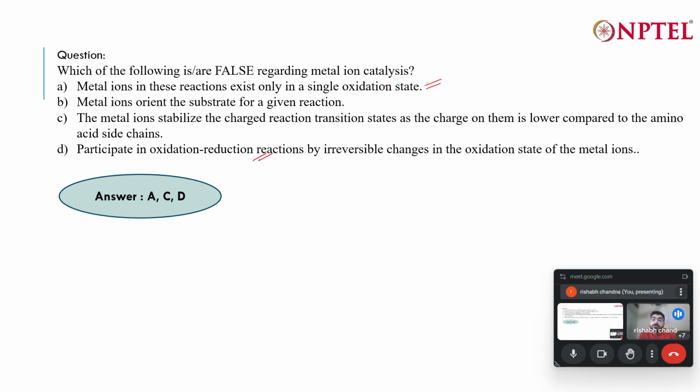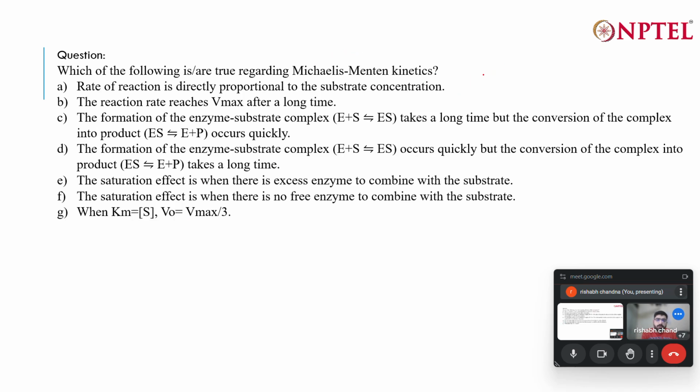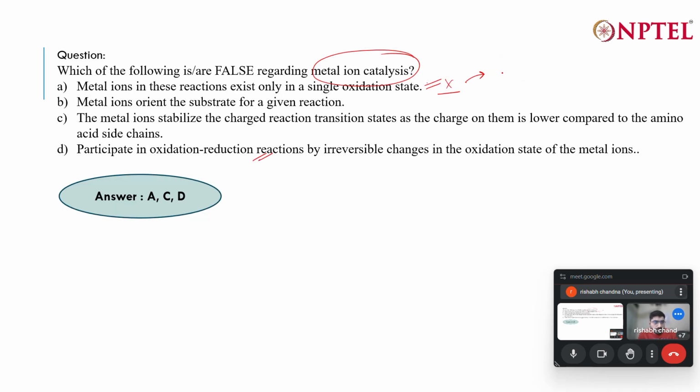In metal ion catalysis, do the metal ions exist only in a single oxidation state? No. If we take the example of any metal ion catalysis, it can exist in at least two oxidation states because generally it is involved in the action of the enzyme reaction.